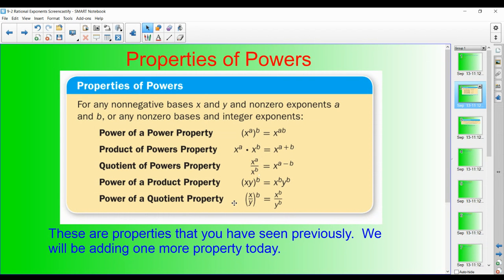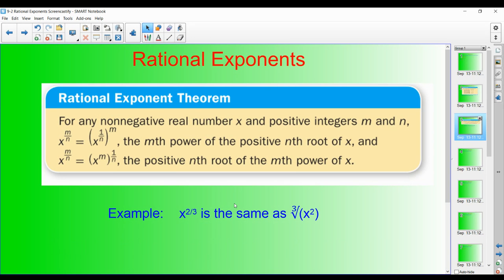Now today we're going to add more properties. What if you have x with an exponent of m divided by n? We can say that m divided by n is really m times 1 over n. So we could do x to the m power, and then n would be a root.